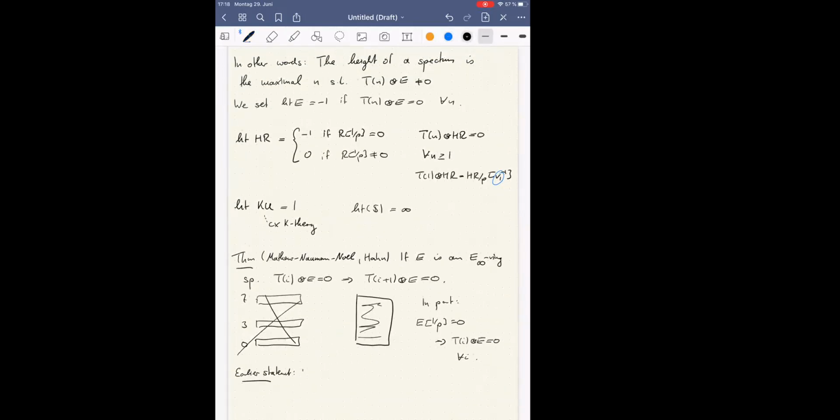if the height of, just write as the Eilenberg-MacLane spectrum to be clear, is -1, which means that R inverted P is 0.